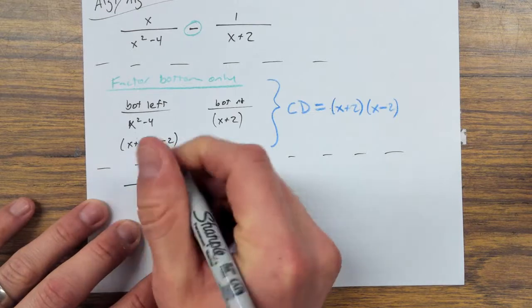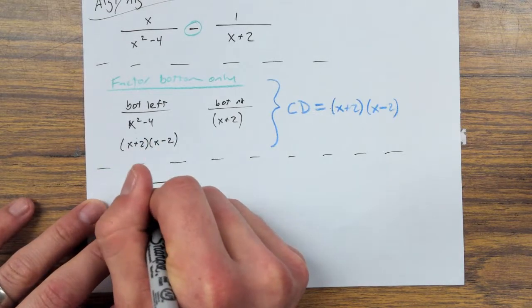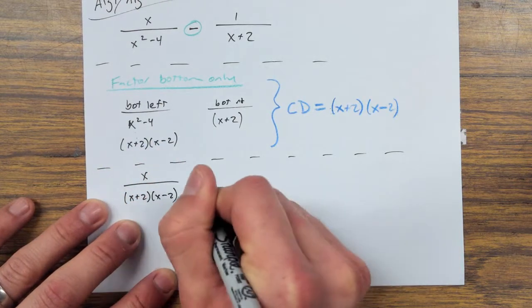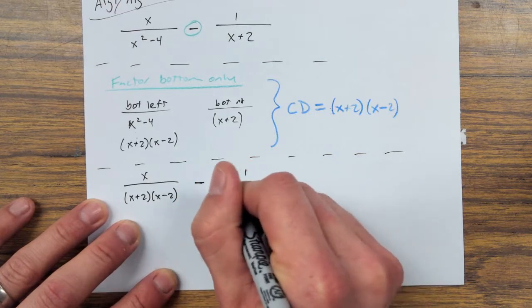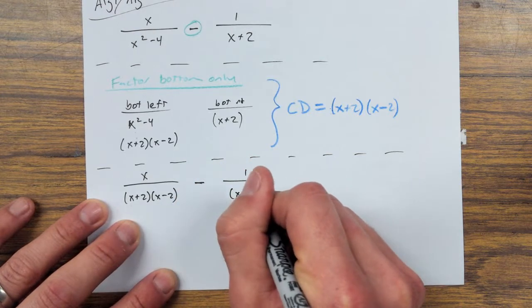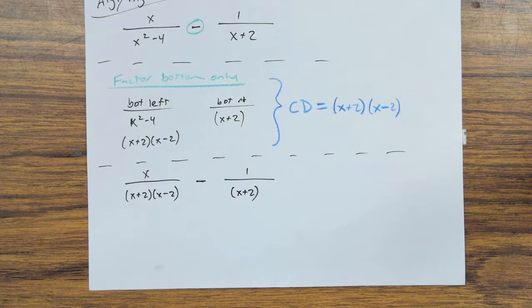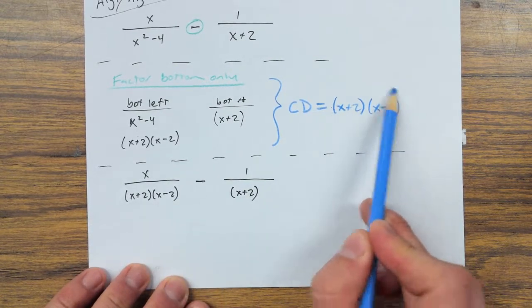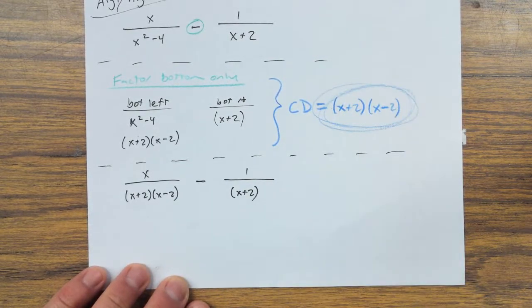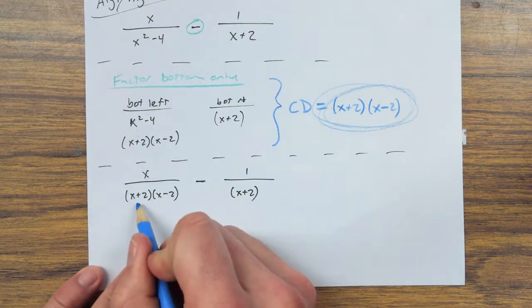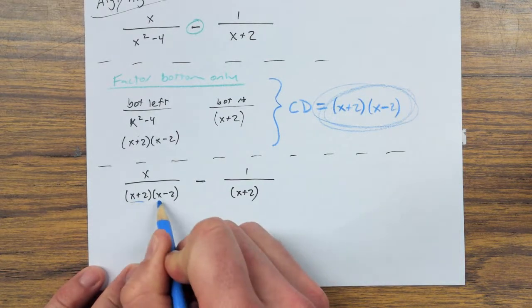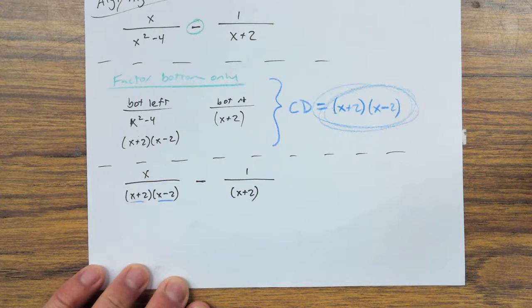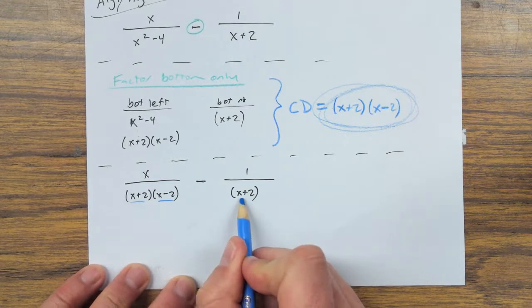X over x plus 2, x minus 2, minus 1 over x plus 2. And like I said, the common denominator is this, right here. X plus 2, x minus 2. This one has both of them. This one only has the x plus 2.